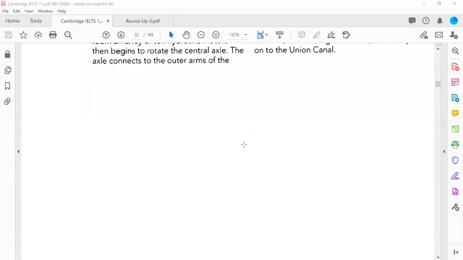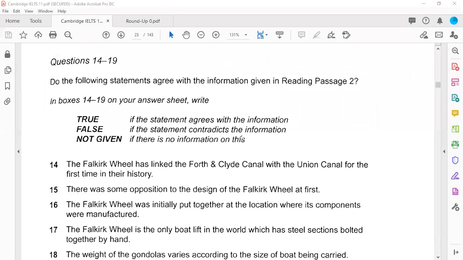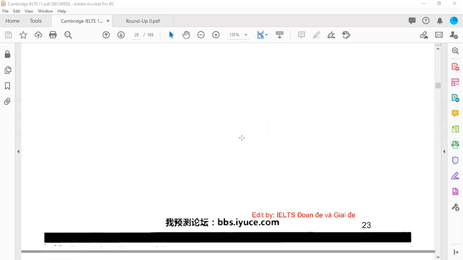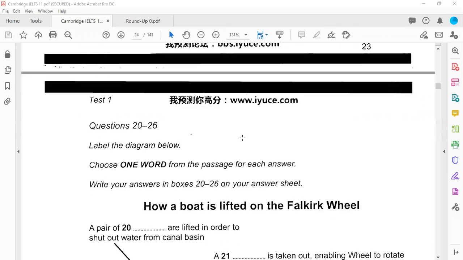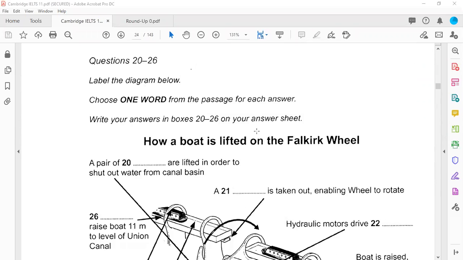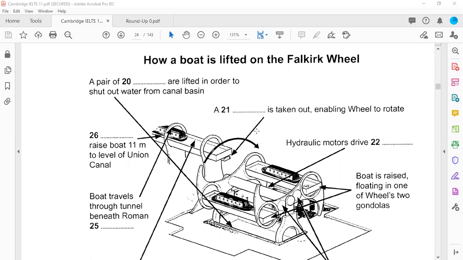Okay, now comes the tricky part. Now comes the tricky part. So let's have a look. What do they say here? A pair of what are lifted in order to shut out water from canal basin?